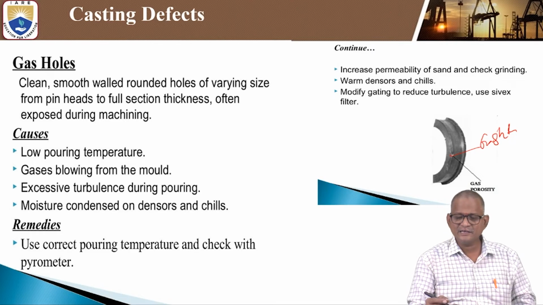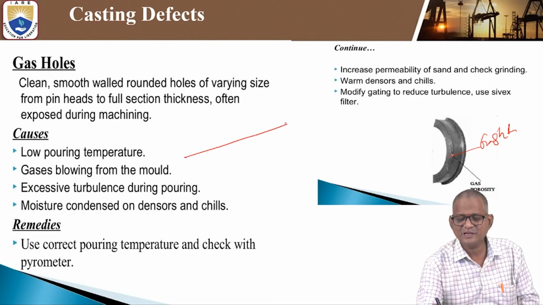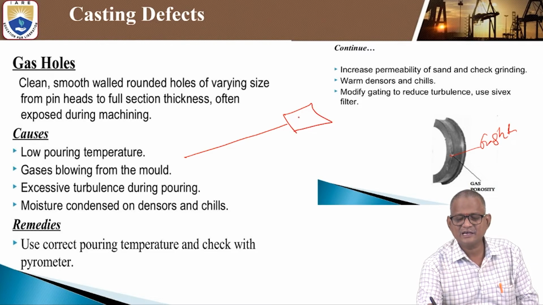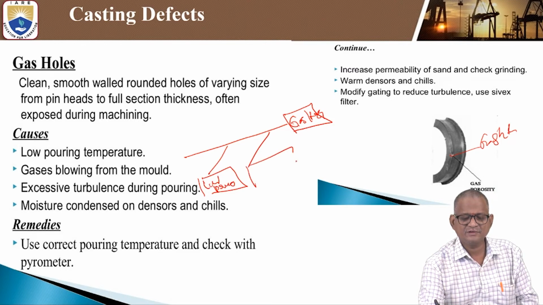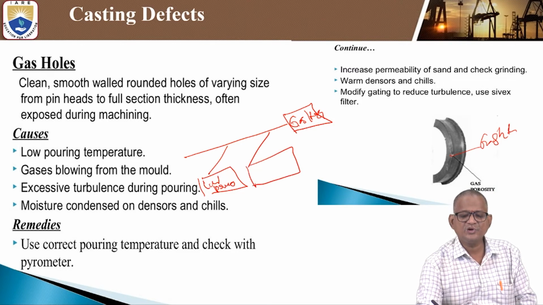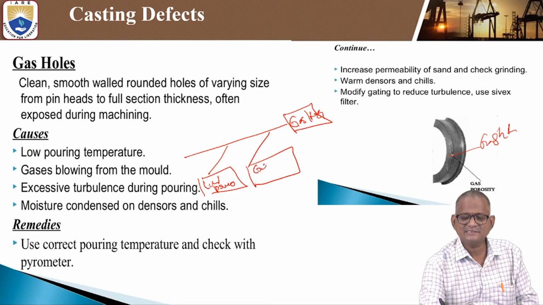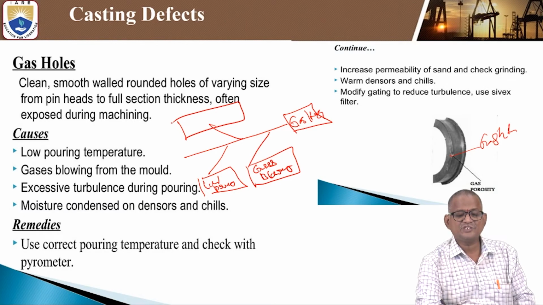Here also, this can be explained with the cause and effect diagram. Gas holes is the defect. This will occur based on low pouring temperature, gases blowing from the mold, and excessive turbulence.